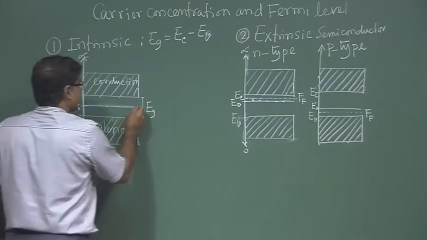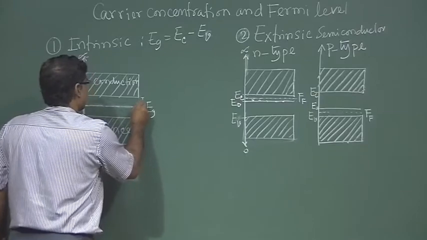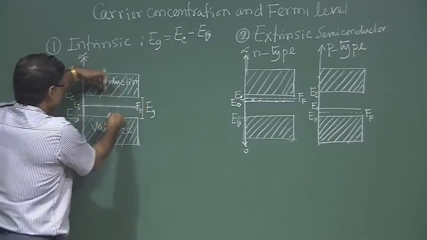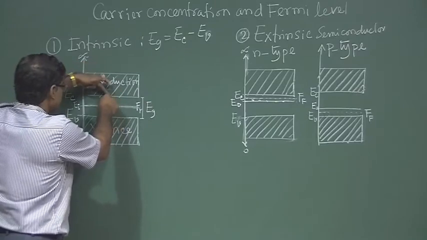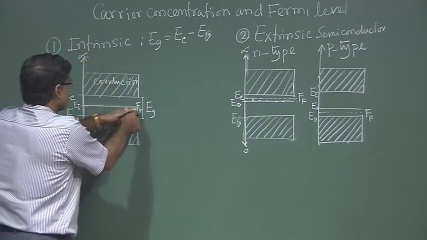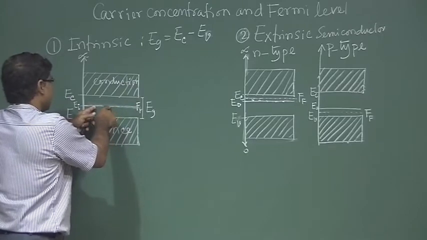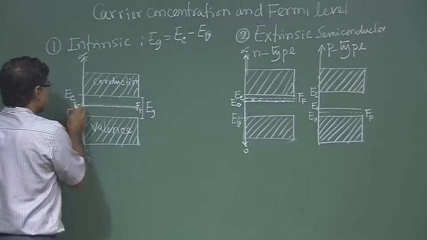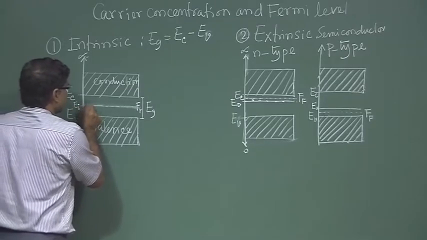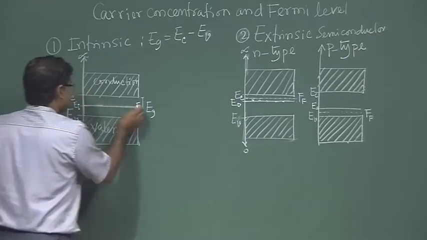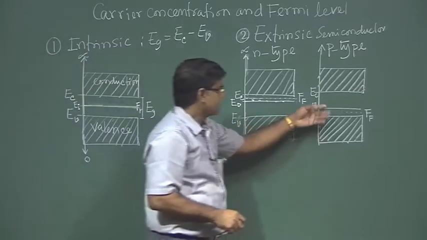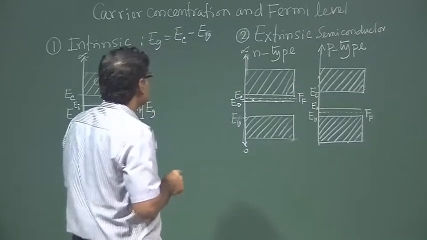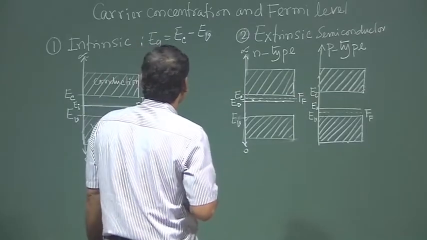So, EI and EF are at the same place, okay, because here electrons are exchanged between the conduction band and valence band. So, EF is also expected in the middle, and it will coincide with this EI. Okay. So, EI and EF will coincide. So, this is the band diagram of the semiconductor.